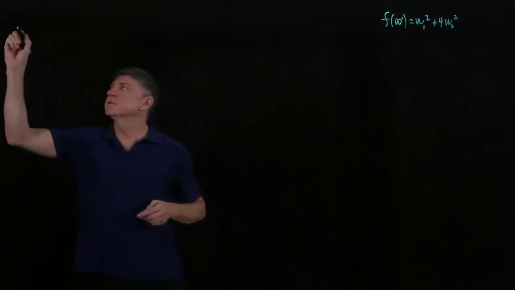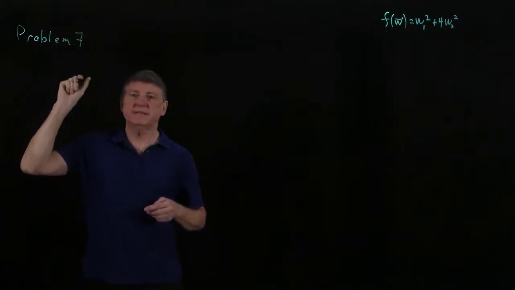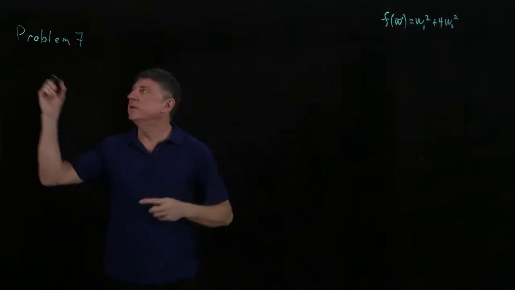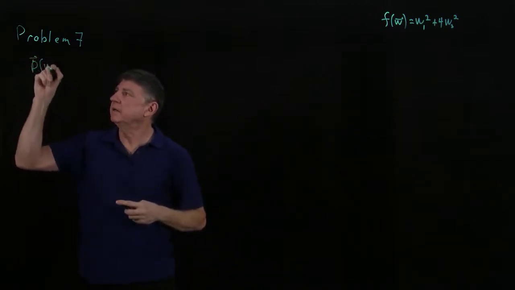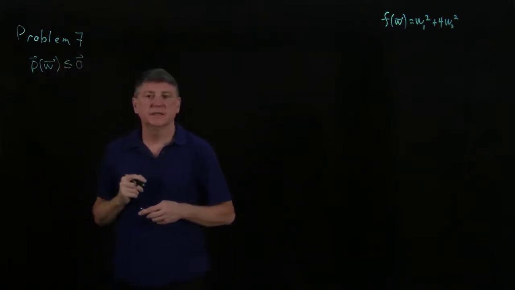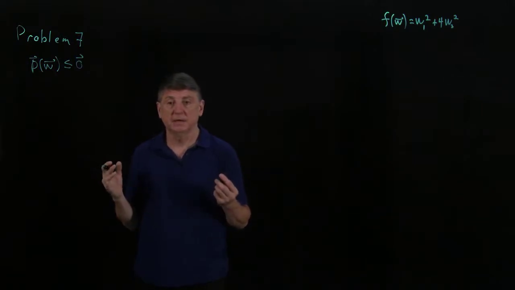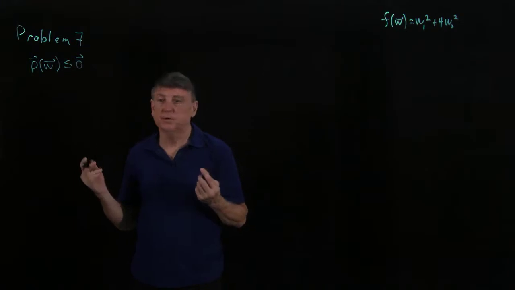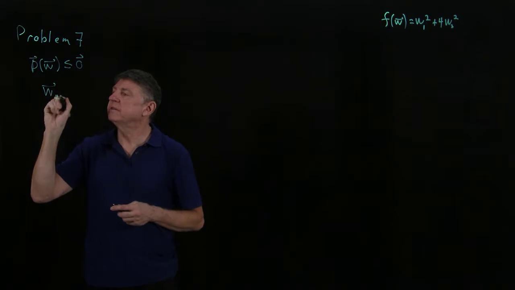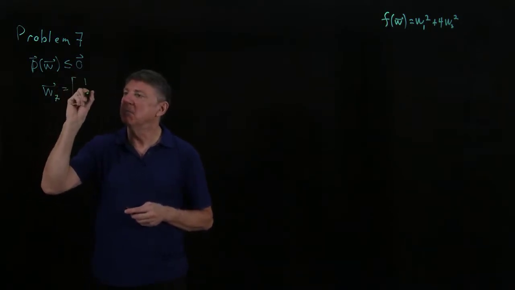When we combine the constraints, we have problem 7. Problem 7 is this objective function, and the combined properties have to be both less than or equal to 0. So the solution has to be in the feasible set. When I work this out geometrically or numerically, what I get is that our problem 7 is solved at 1, minus 2.